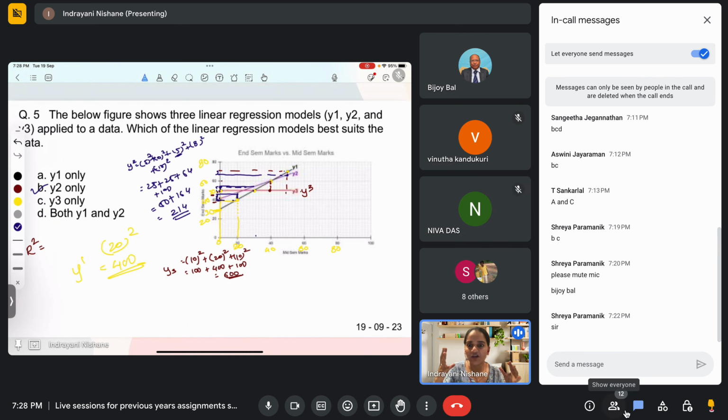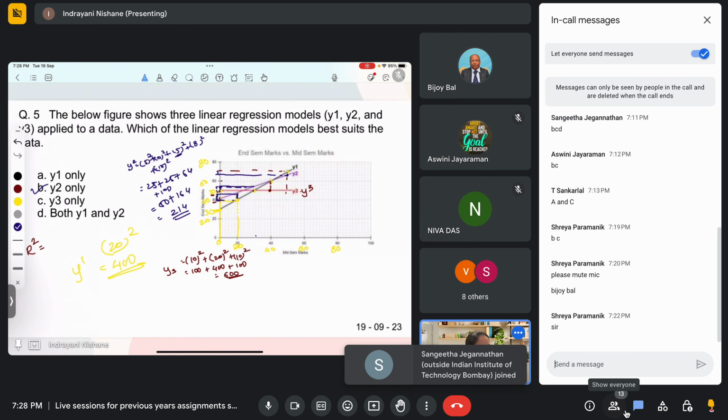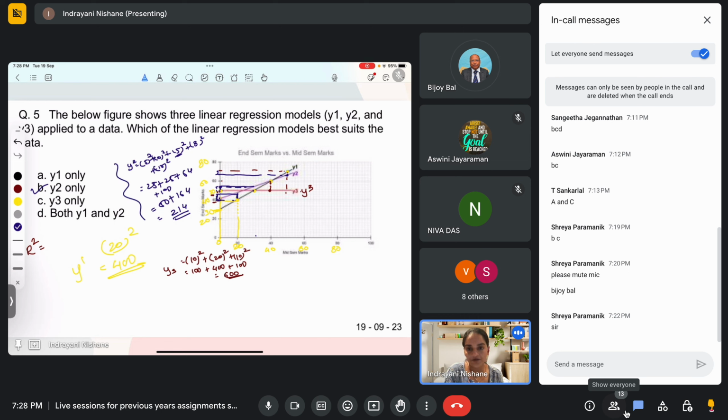Even though instinctively it seemed that y1 has the most number of points on the model, all of us, even I when I first looked at it, thought y1 is clear cut, because just one point is not on the line. But we have to be very careful, because the R square value said otherwise.